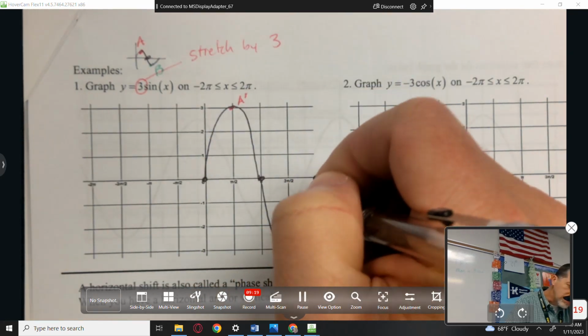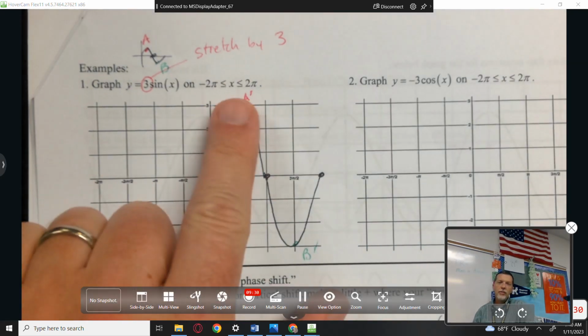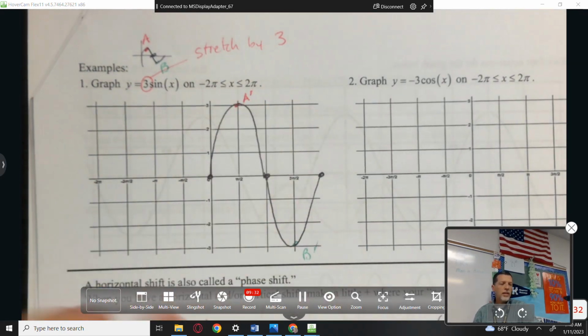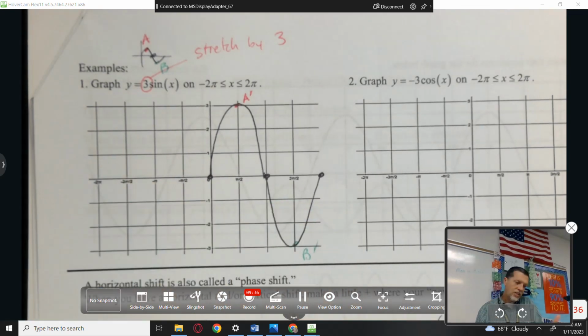It's like, whoa, that looks different than the ones we've drawn before, but it's supposed to look different than the ones we've drawn before because we stretched it by 3. It does say to graph it from negative 2 pi to 2 pi, but that's not a big deal. Now I take what I just drew and extend it backwards.